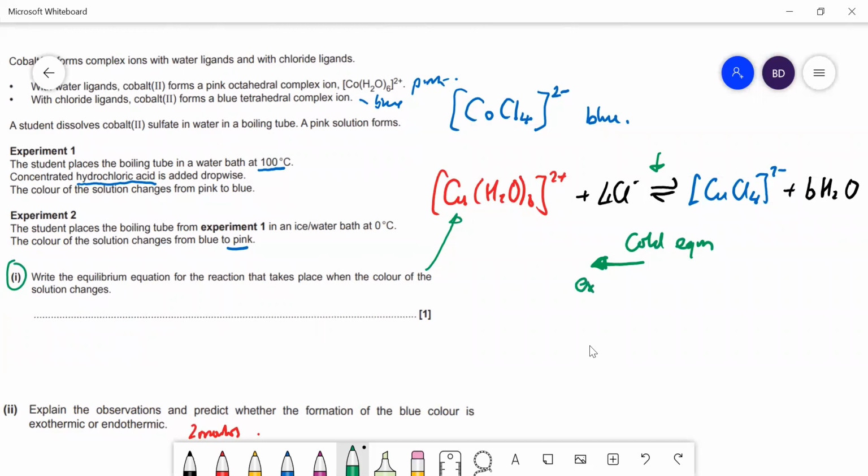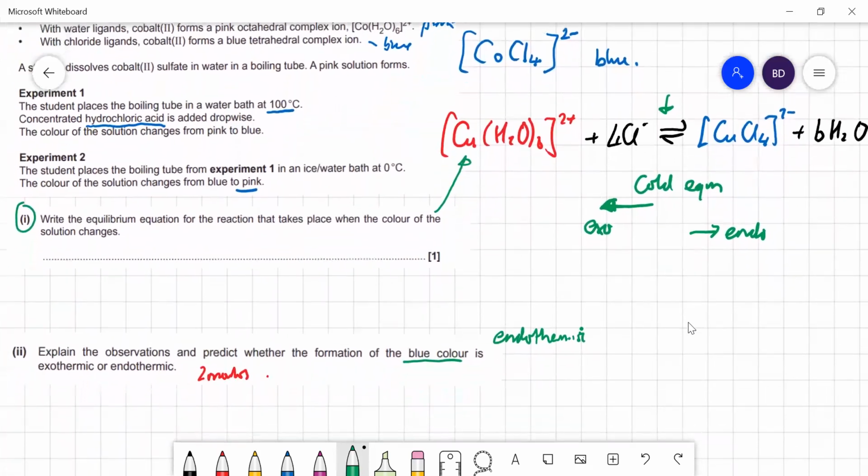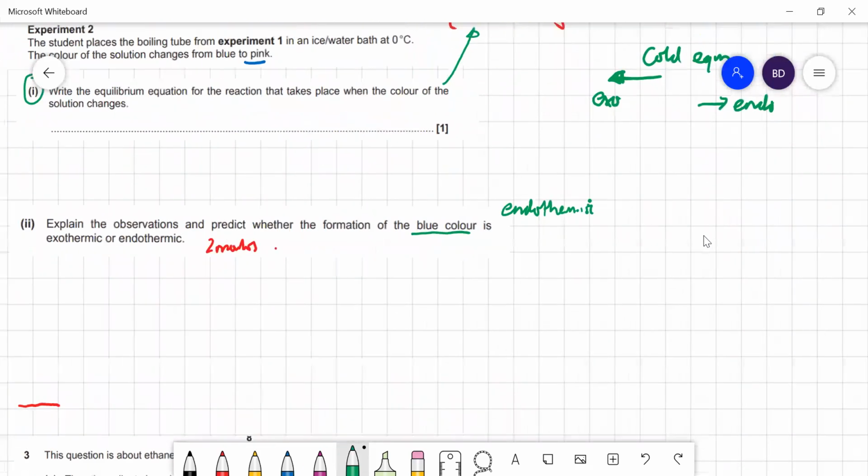So we know backwards it is exothermic, so that means forwards it must be endothermic. So the formation of the blue color is endothermic. It's Le Chatelier's principle.